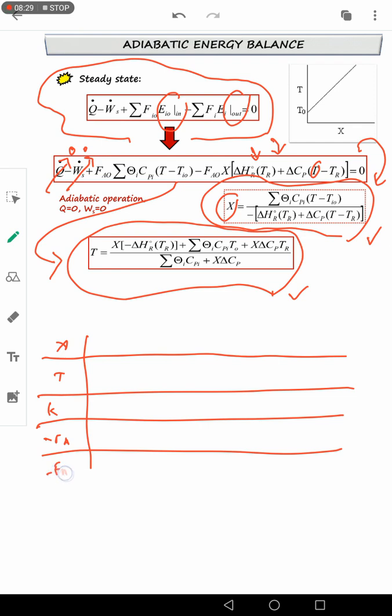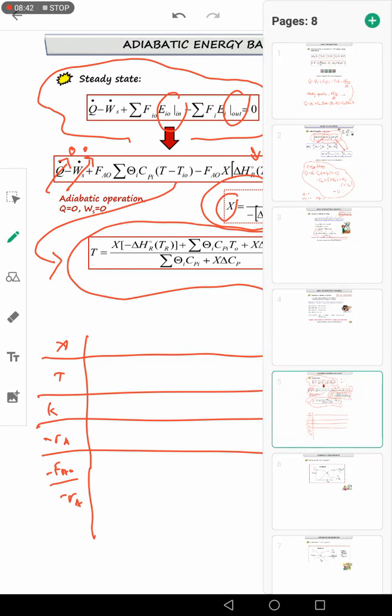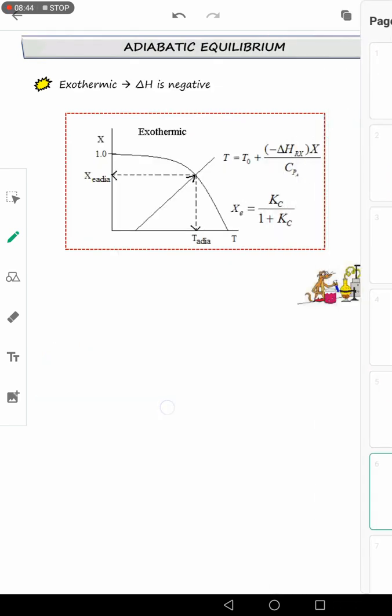So FA0 over negatif rA. So equation yang ini. So you akan dapat daripada equation ni you akan dapat data ni, yang mana data ni akan diperlukan untuk you plot this kind of graph.